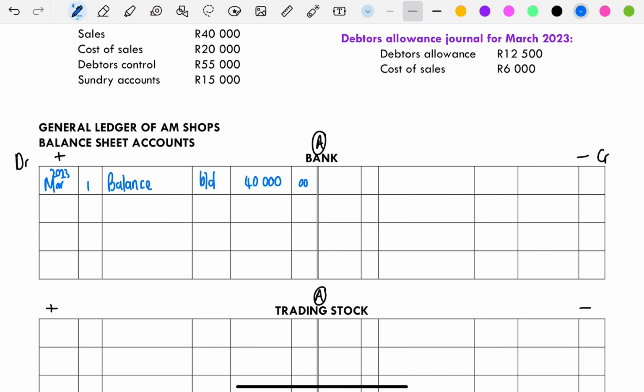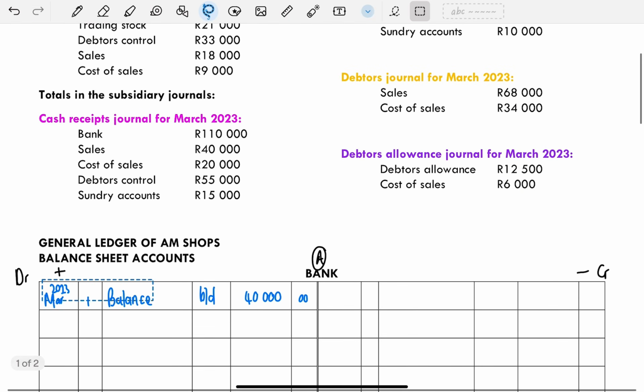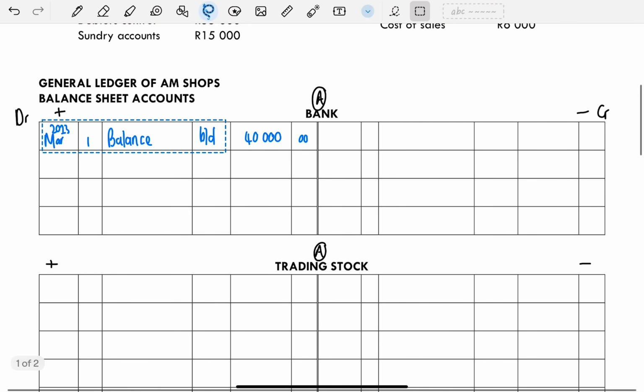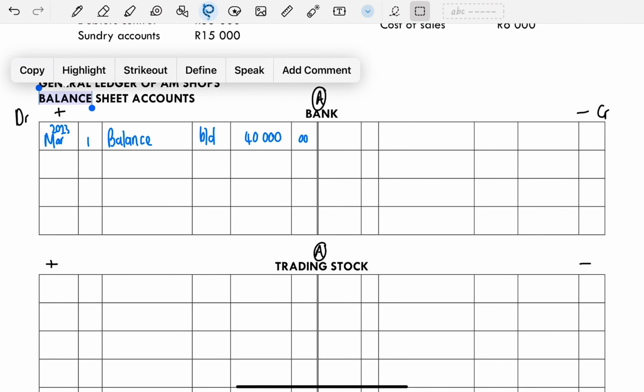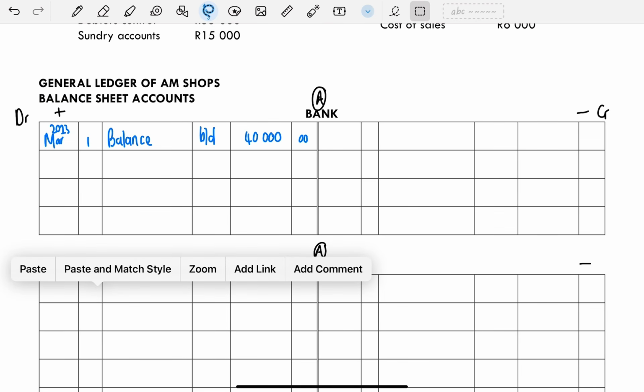Right, so that's how we're going to enter all these balances, and they're all going to go to the positive side. And you can see I'm going to literally copy the words March 2023, day 1, balance brought down, because what I'm trying to show you here is also that this is always going to be the same.